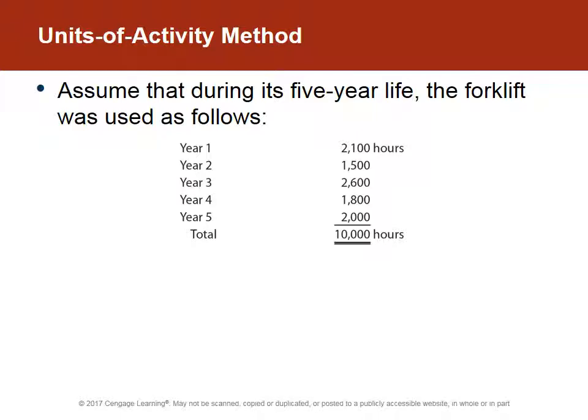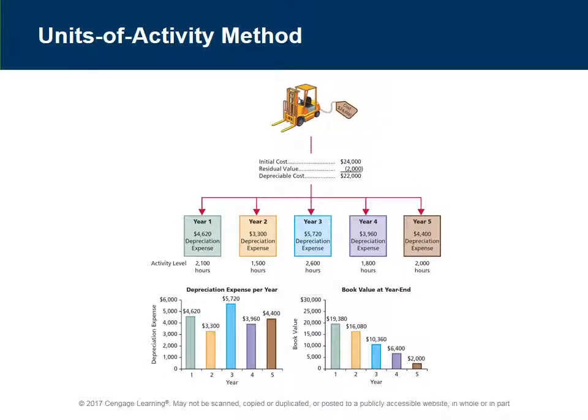Now, if we assume that each year we have inconsistent use of this forklift, we take each year, and the depreciation expense is depending upon the number of hours multiplied times $2.20 per hour. And so here's what it looks like. $4,620 in year one, $3,300 in year two, and so forth.